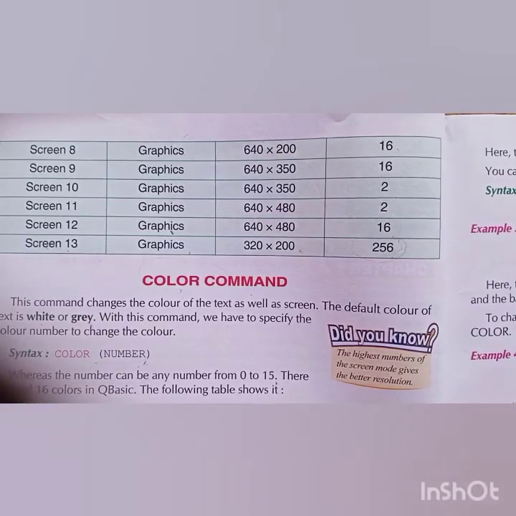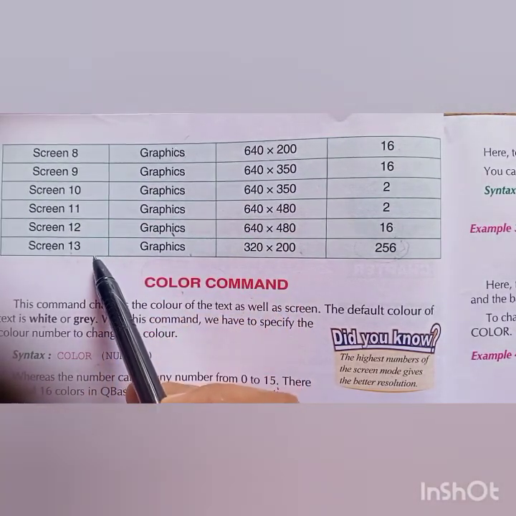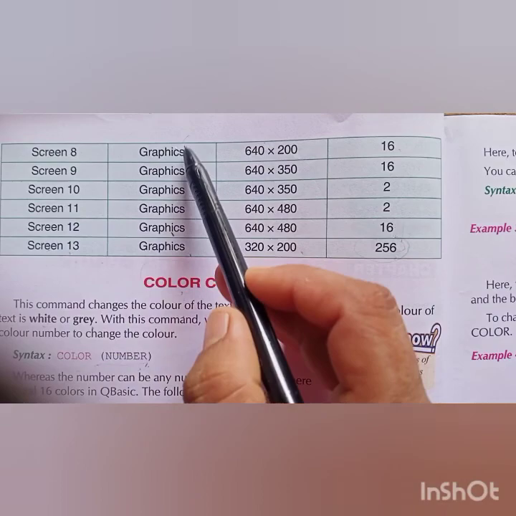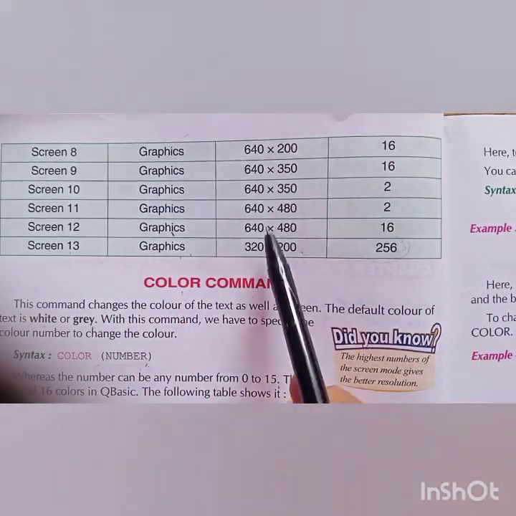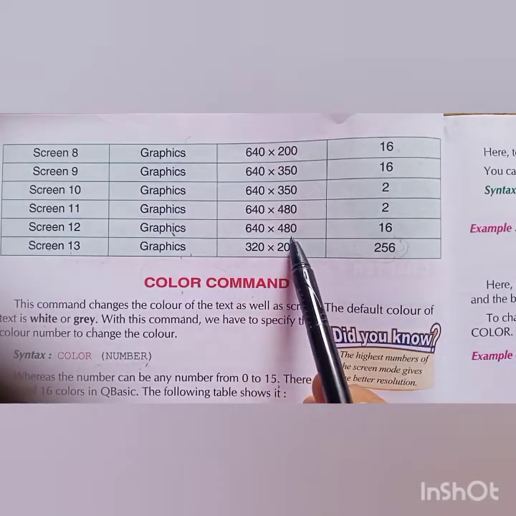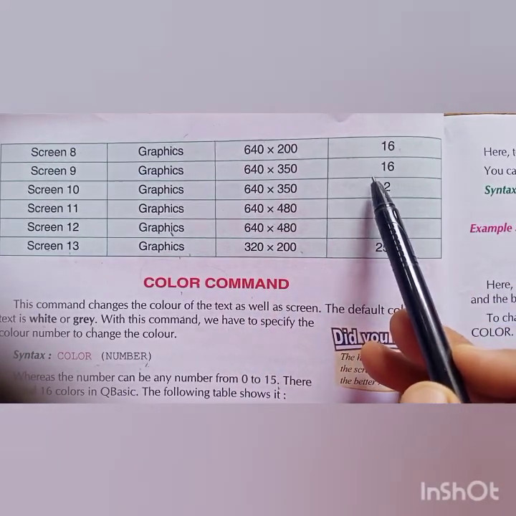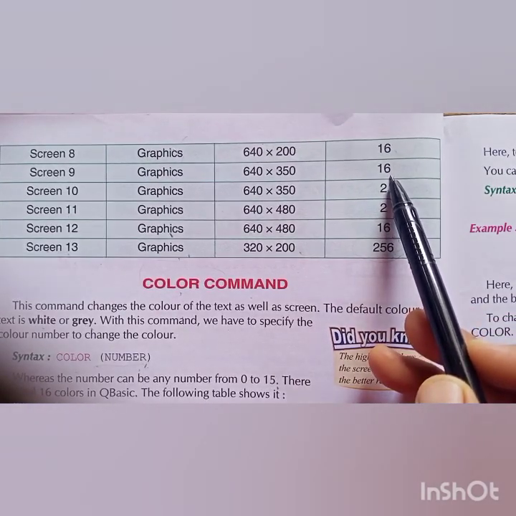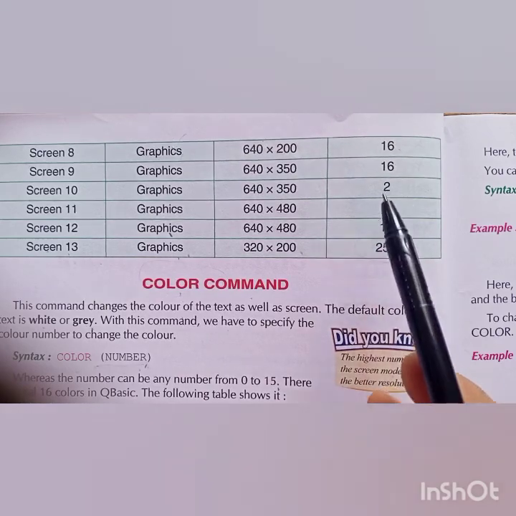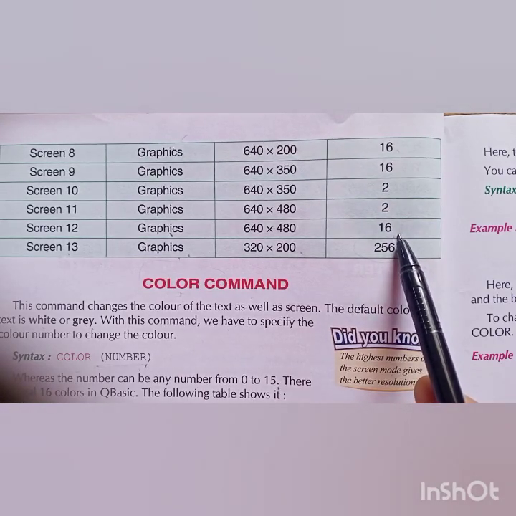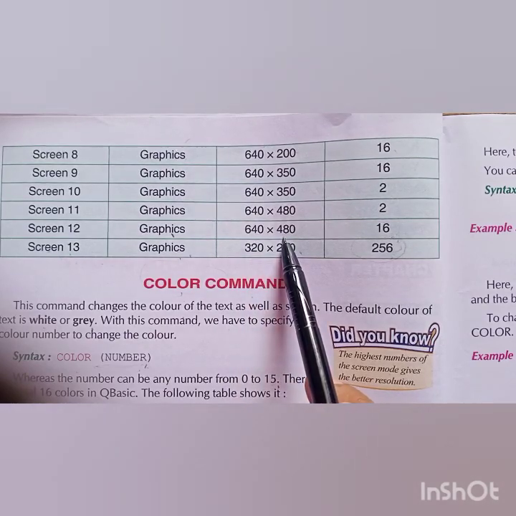Further you can see there are more screens given: 8, 9, 10, 11, 12, 13 and so on. All these are for graphics. There is a difference in the resolution here. All these share the same resolution, 640 by 400. These two screens have 16 colors available, while screens 10 and 11 have 2, while screen 12 has 16 colors again, but the resolution is 640 by 480.